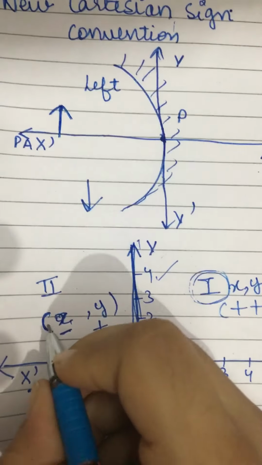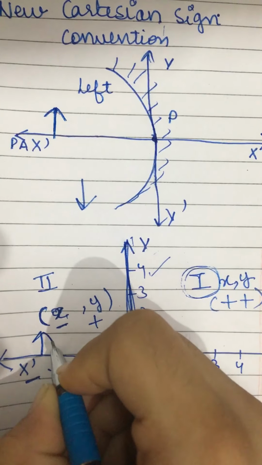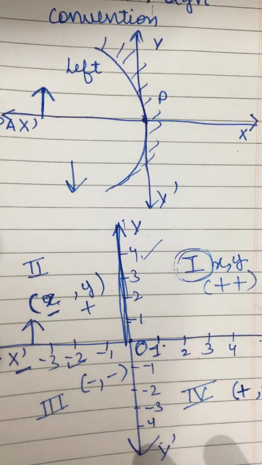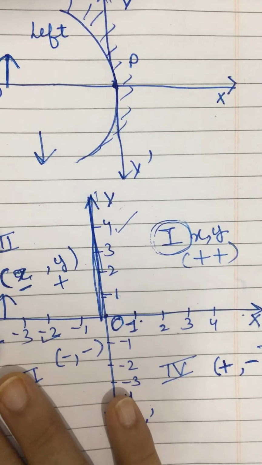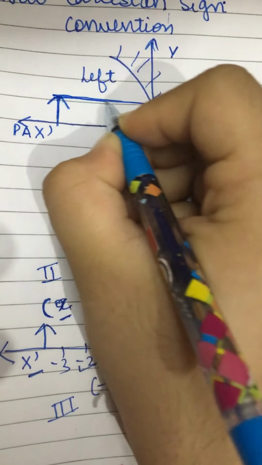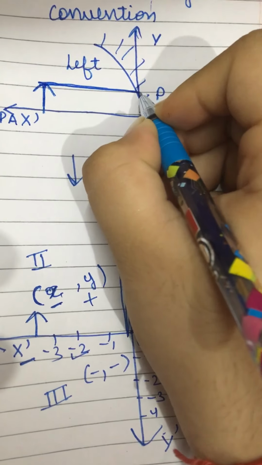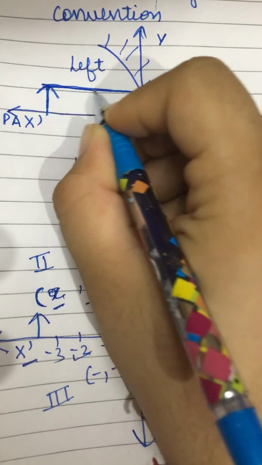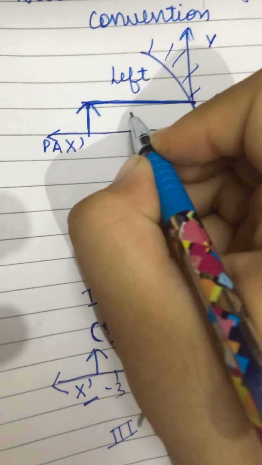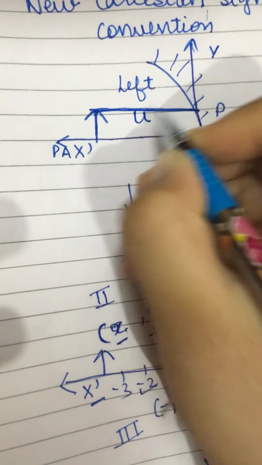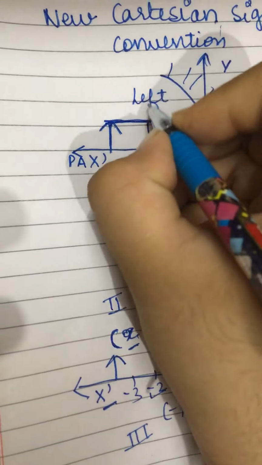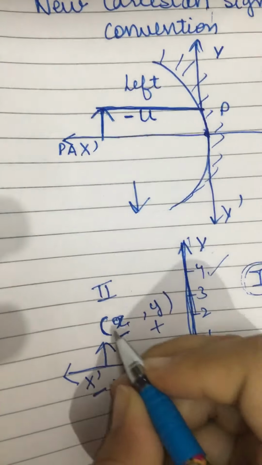Suppose the object is here, it implies that the light from the object falls from the left side onto the mirror. And the object distance, which is u, will always be negative.